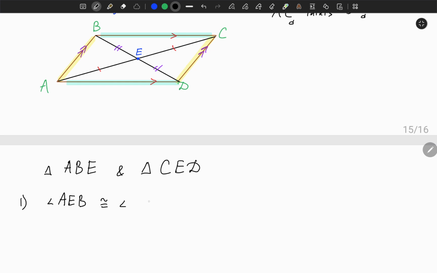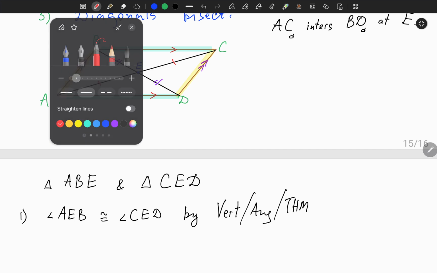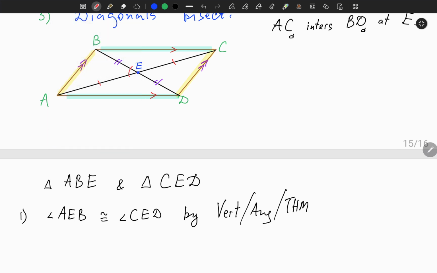Angle CED, by the vertical angle theorem. Number one. Okay, we have an angle, so we can use either ASA or SAA.